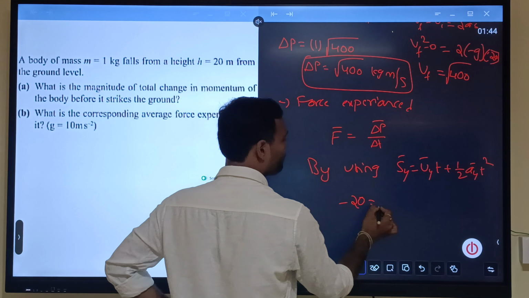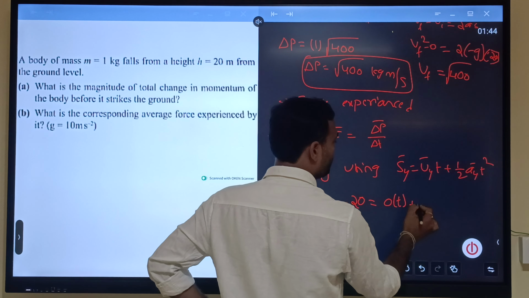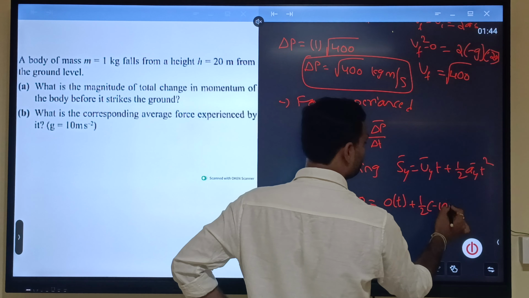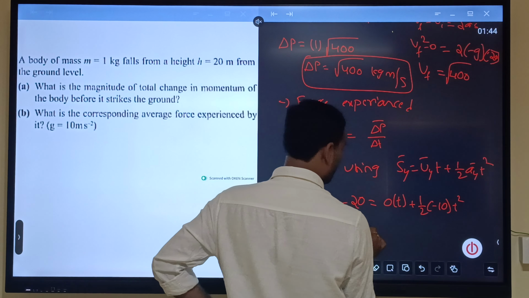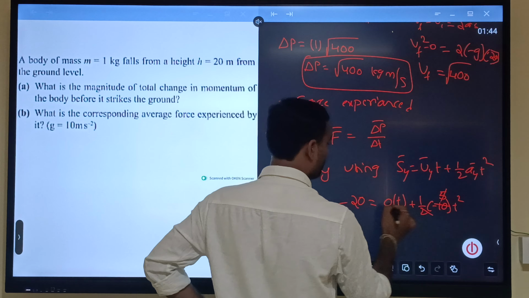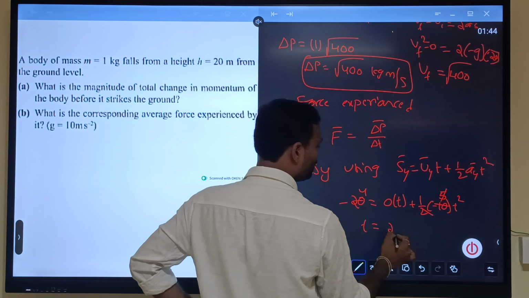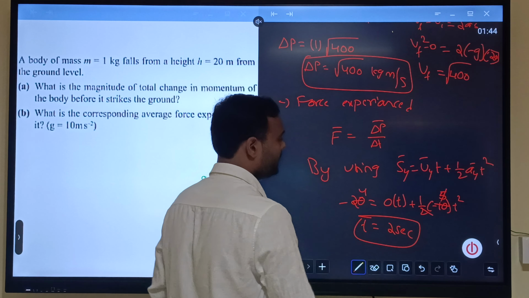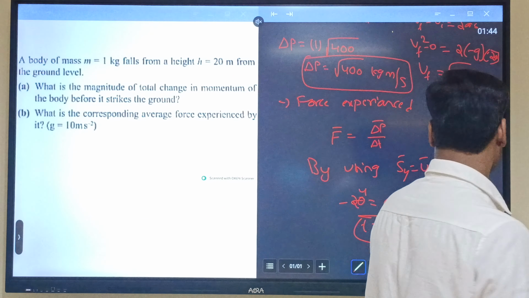Minus 20 is 0 times t plus minus 10 by 2 t square. So 5 t square is 20, t is equal to 2 seconds. T is equal to 2 seconds, right?